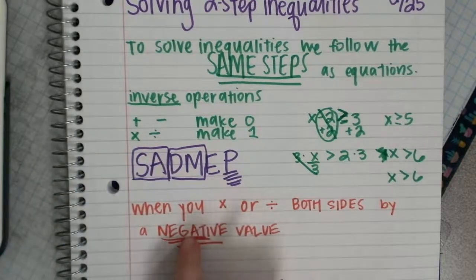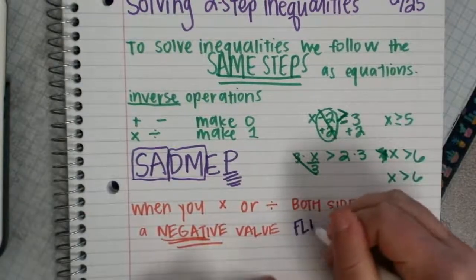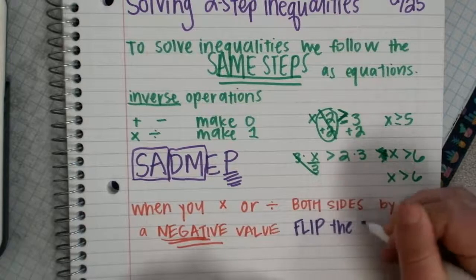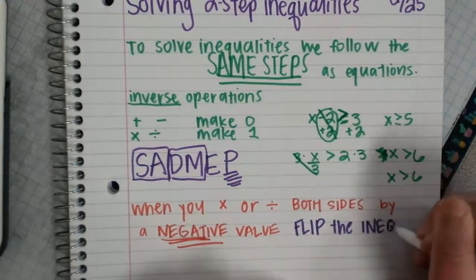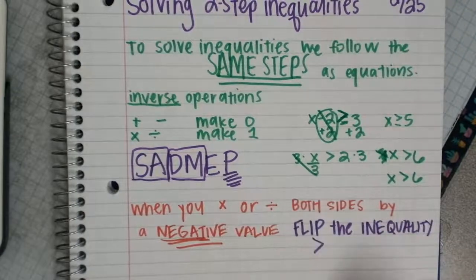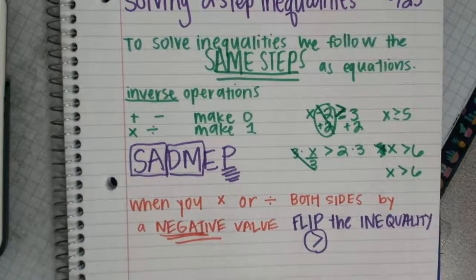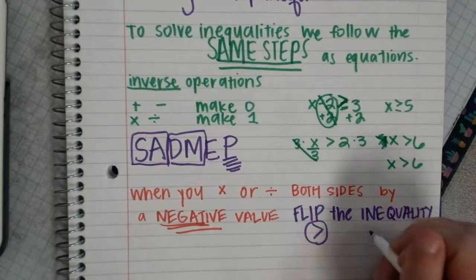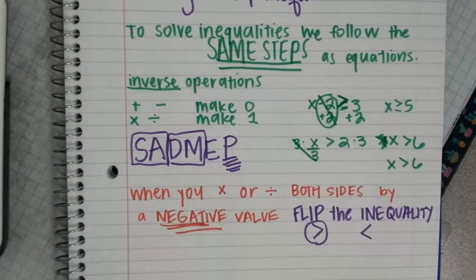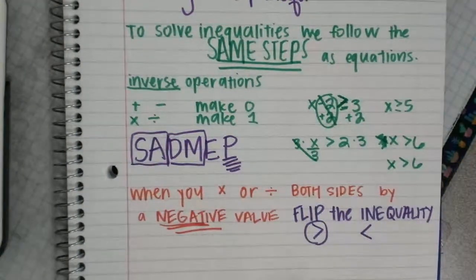By a negative value, we flip the inequality. So if it was less than, but you're having to divide by a negative 2, I typically like to just circle my inequality symbol, and when we're dividing both sides by that negative, we're going to be flipping it to the new sign, the opposite direction.